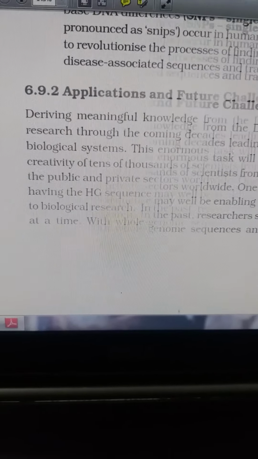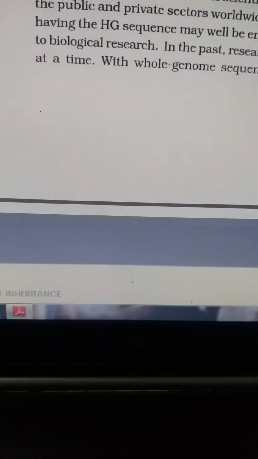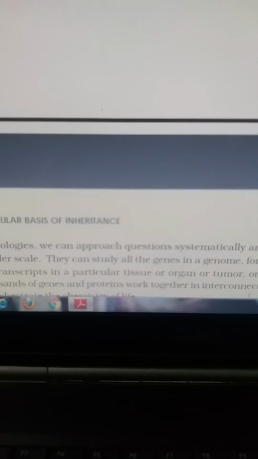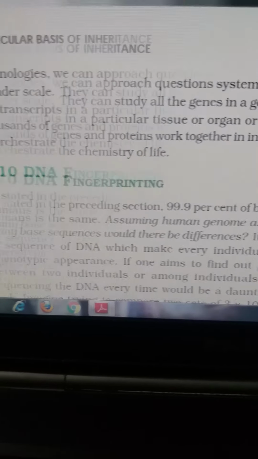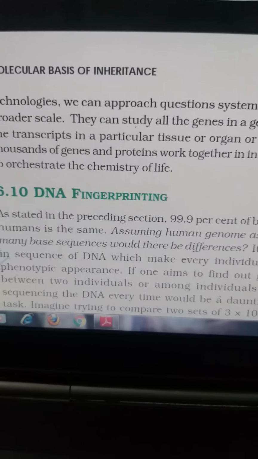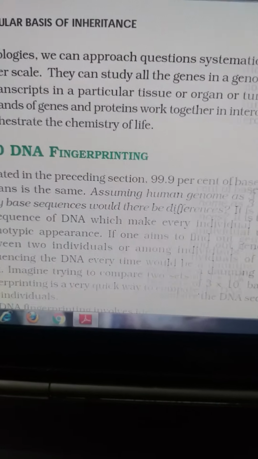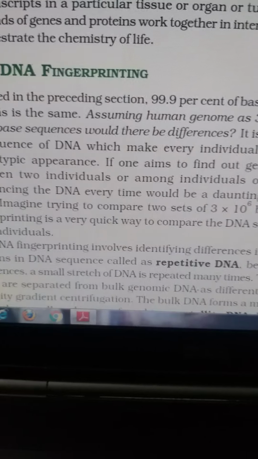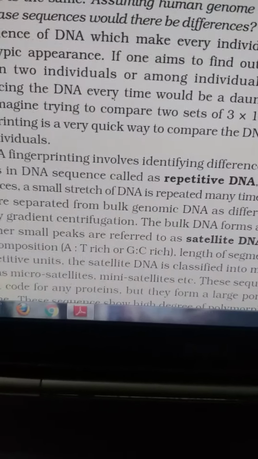DNA fingerprinting is a very eminent way where you can isolate the DNA and map it. DNA fingerprinting is the study of human genetics and human DNA sequences from individual to individual, and it is a very expensive task. Now what do we have in DNA fingerprinting?